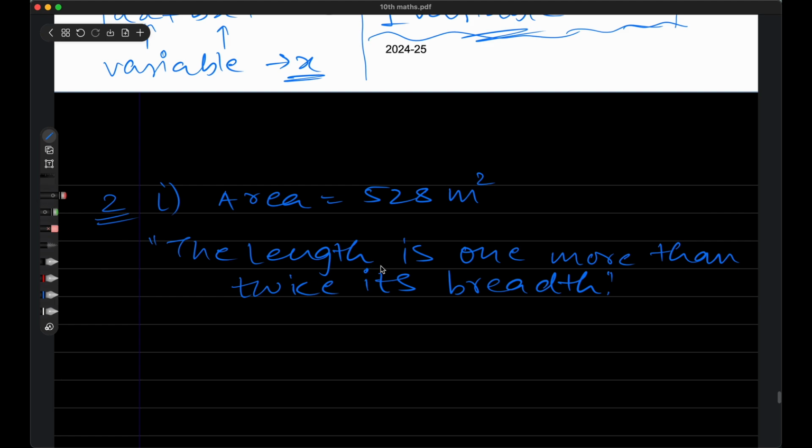If we observe, the length is dependent on the breadth, that is, length is one more than twice its breadth.